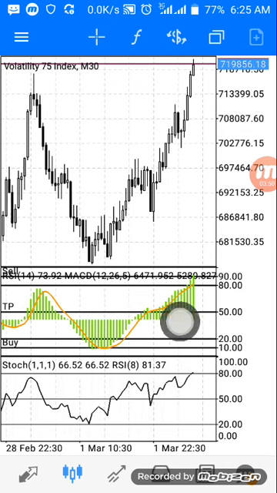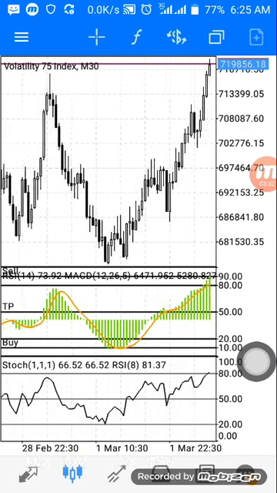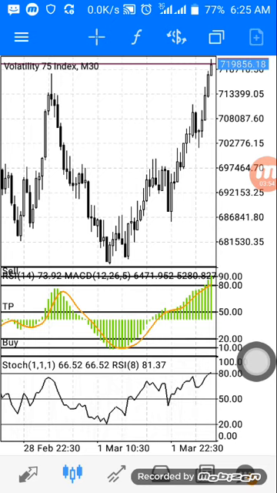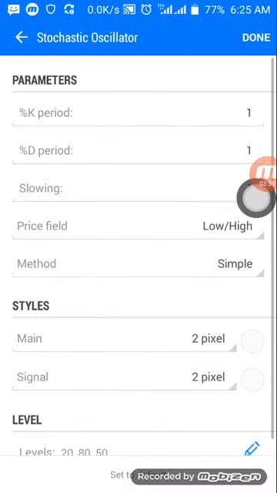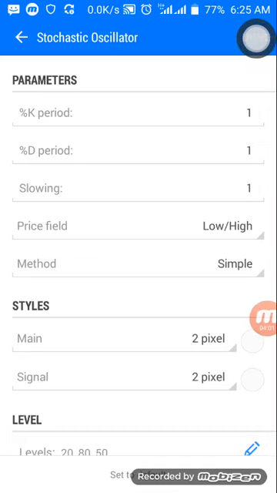Now let us go back to the next indicator, which is this simple one. We have the stochastic oscillator. The K period is 1, the D period is 1, the slowing is 1, price field is low/high. Method is simple, and the styles should be all your background colors.